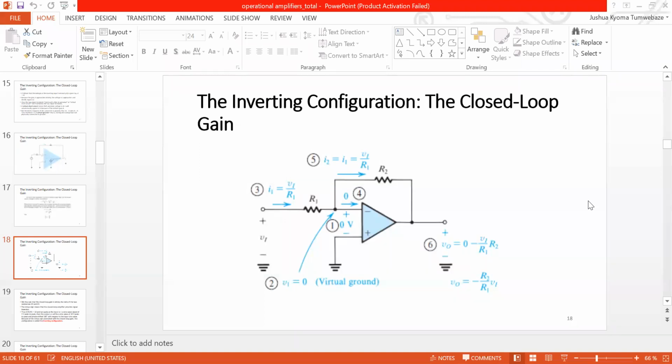So I think we are done with that. If you get V naught as 0 minus Vi over R1 times R2, you can see that your V naught is simply given as minus R2 over R1 times Vi. So what is the closed loop gain?